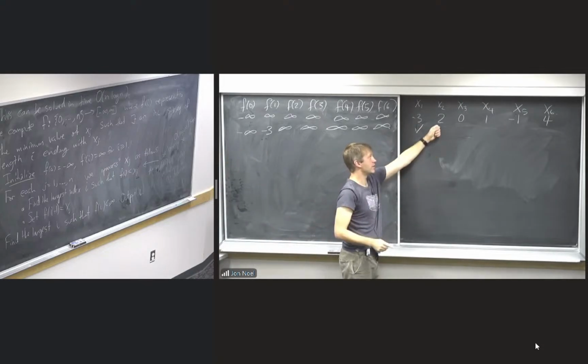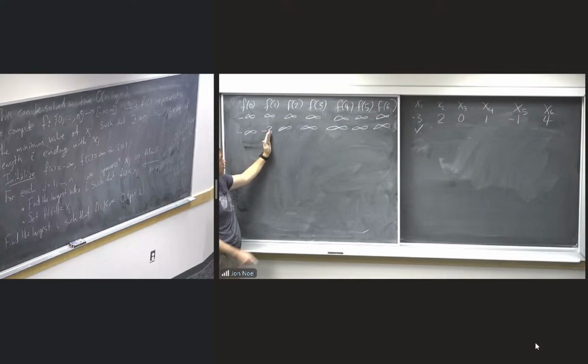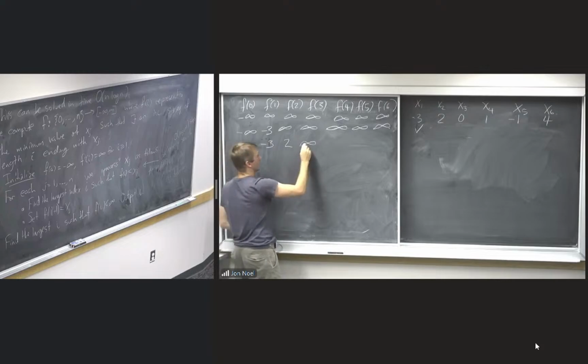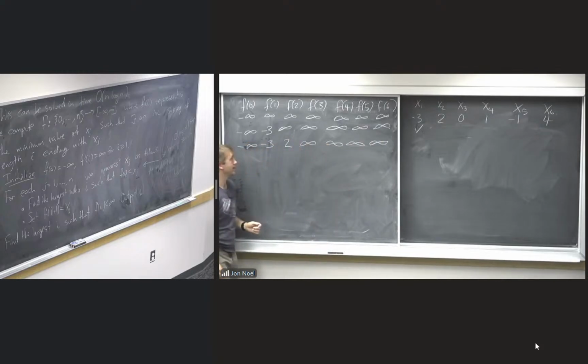Now I go to this one. I find the highest index where this number is less than 2, which is this one. I make that a 2. This stays the same. Those stay the same.